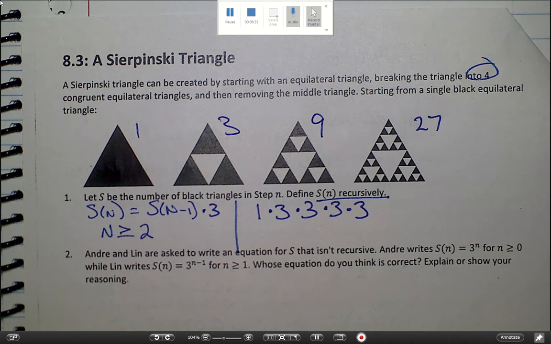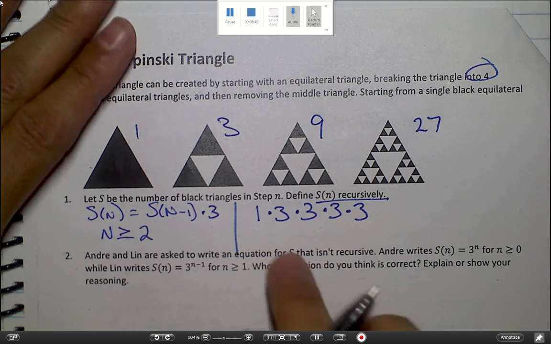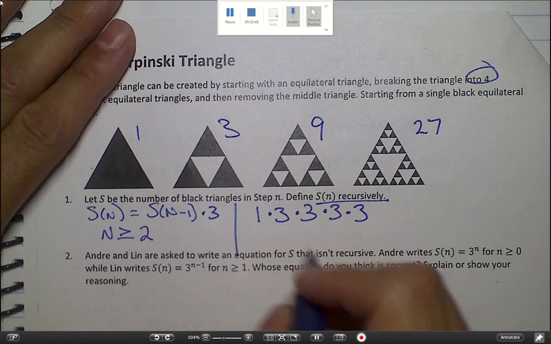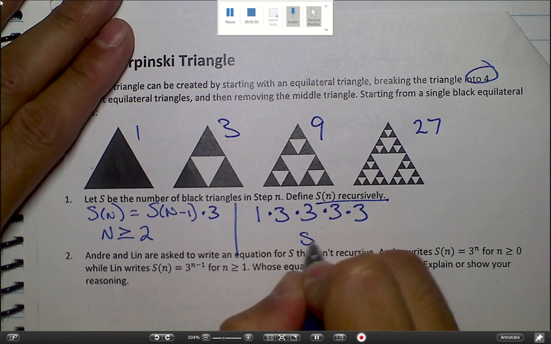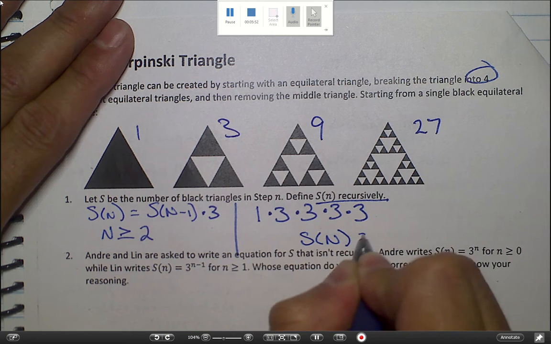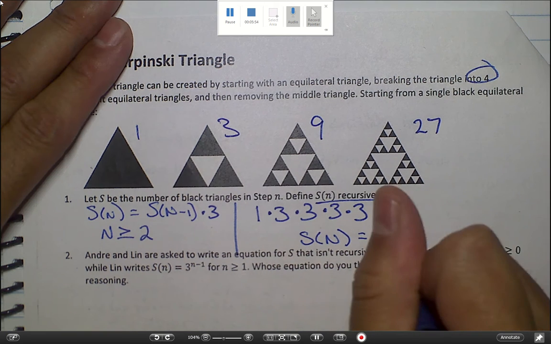Okay. So we're going to go through this, and I'm going to show you guys how this is set up. I'm going to set this up in a basic sense right here. So in this basic sense, I know that S of n is equal to 3.